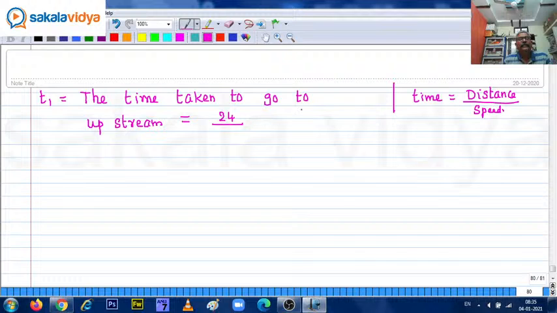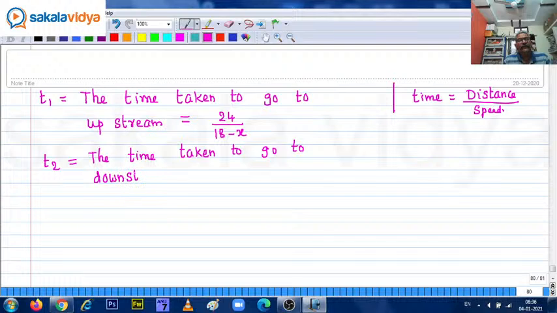Speed to go upstream, that is 18 minus x. 24 upon 18 minus x. Next, let us say t2, the time taken to go downstream to the same spot. Downstream equals, distance is 24 kilometers, same up and down. The speed is 18 plus x.